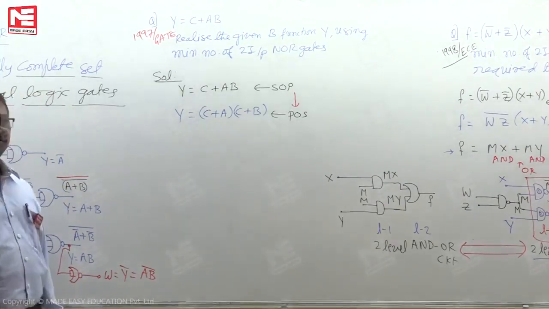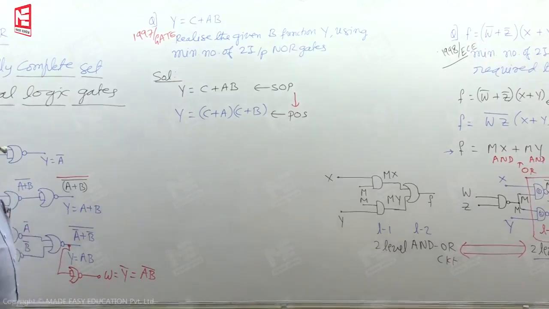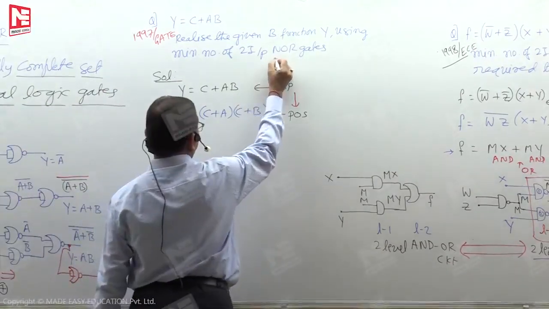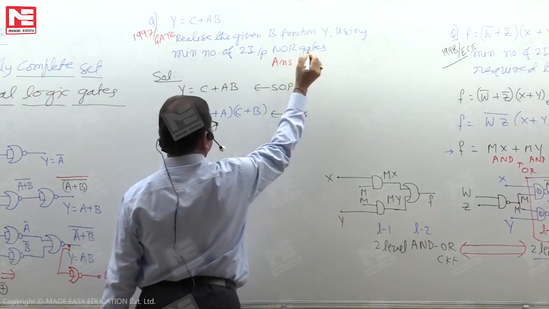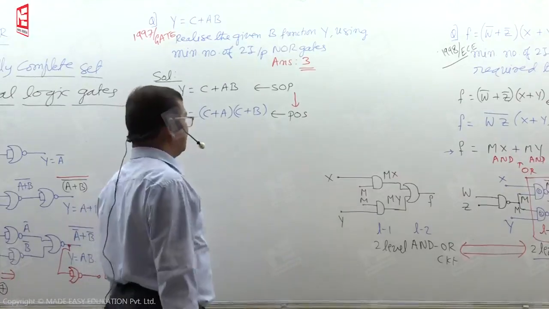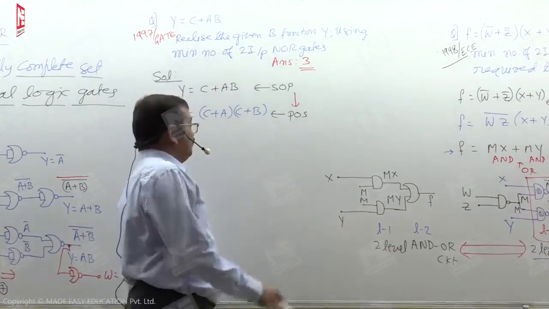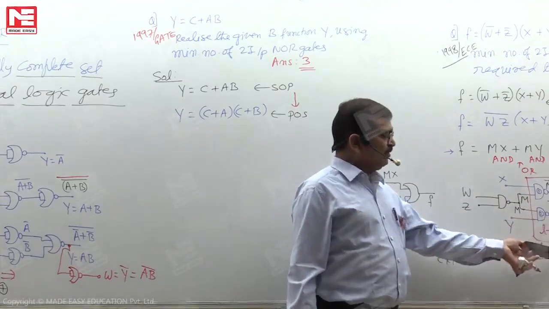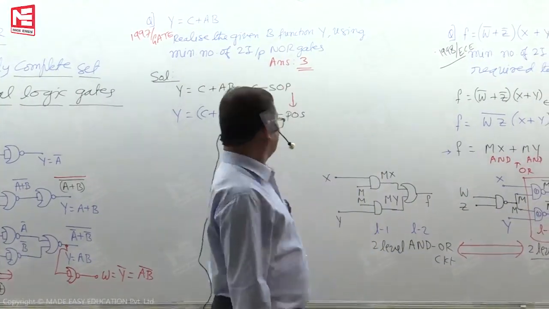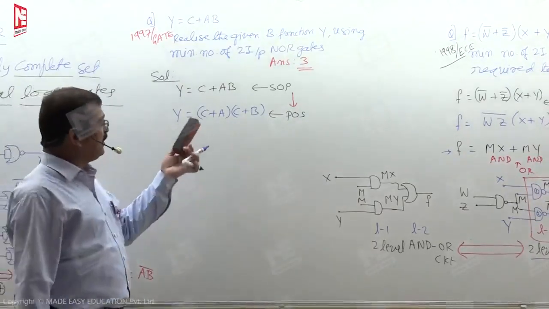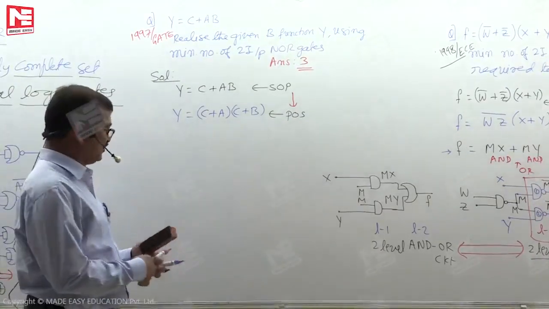Before coming to that, the answer to this question is 3. When the expression was SOP, we used a two-level NAND circuit. When the expression is in POS, we can use a two-level NOR circuit.